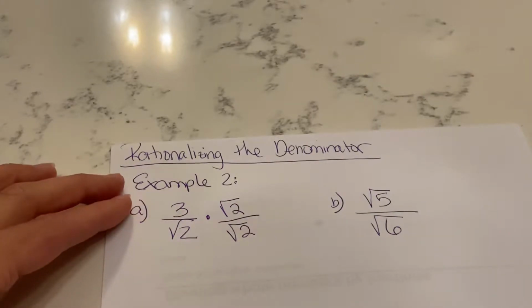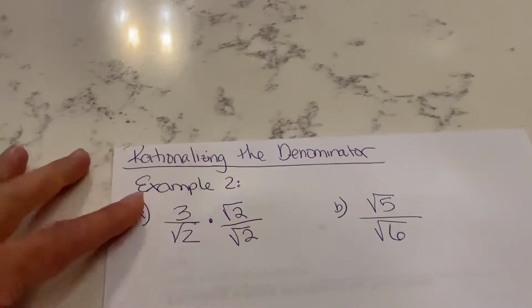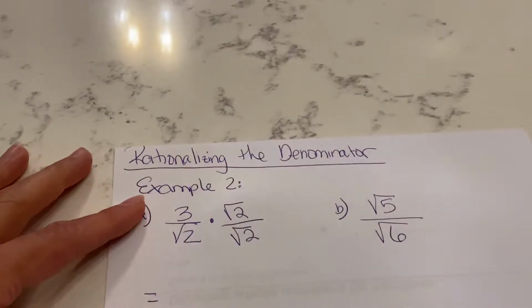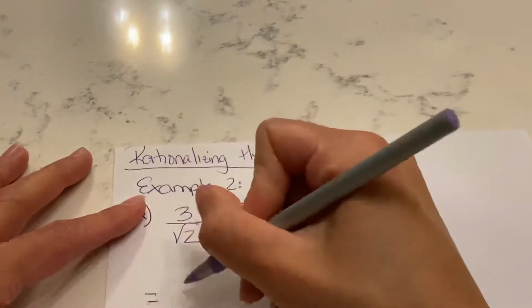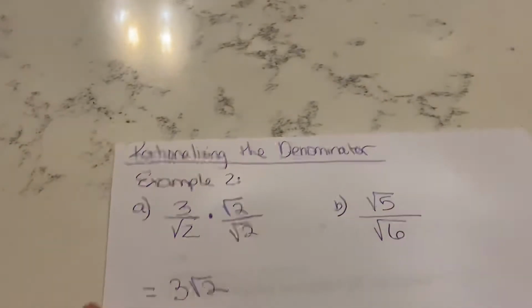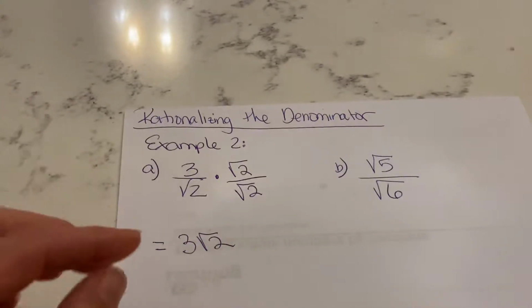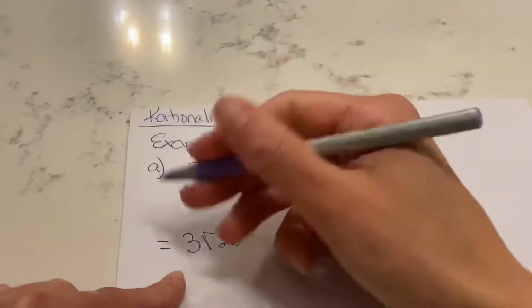So I'm multiplying by radical 2 in the denominator. I must multiply by radical 2 in the numerator as well. Okay, so now I multiply straight across. So 3 times radical 2 will just give me 3 radical 2, because you can't tell me it is equal to radical 6, since one number is outside of the radical and another one's inside. So your answer for the numerator is just 3 radical 2.